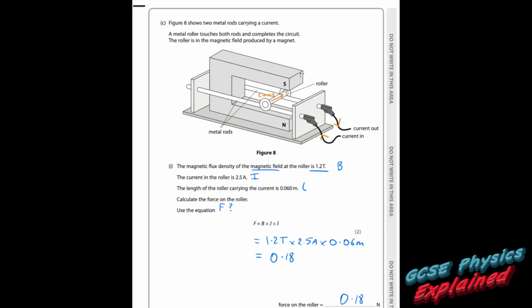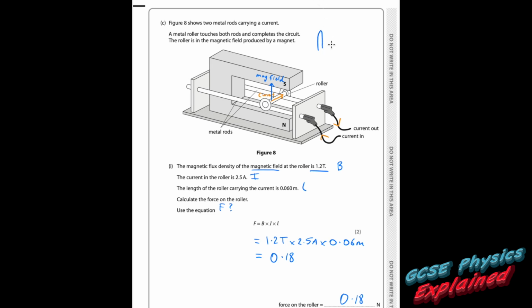The magnetic field, if I do that in blue, is going to go from north to south upwards. So that's the mag field. Right, if you take your left hand and your first finger is going to be the field, so that needs to point upwards.